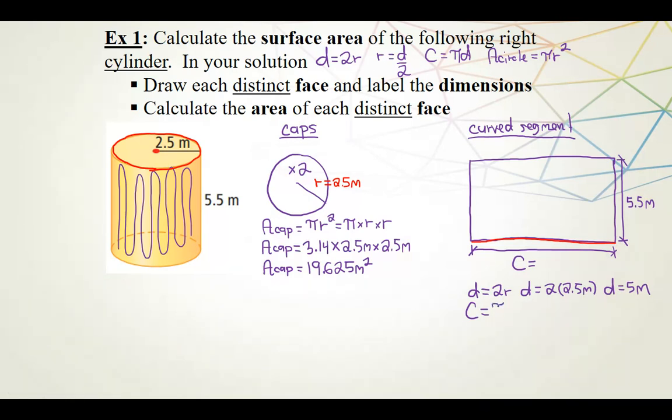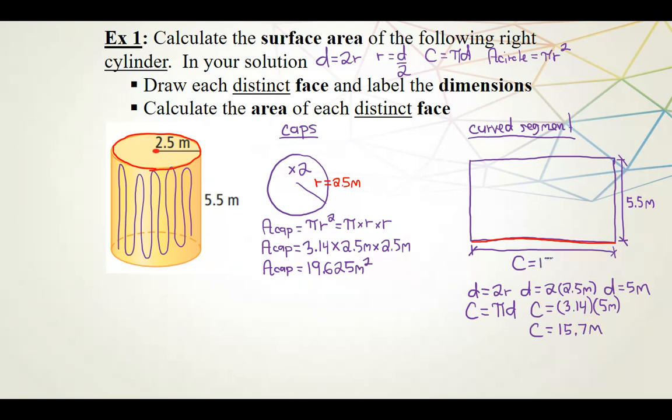The circumference is pi times the diameter. So circumference is pi, which is 3.14, multiplied by the diameter, which is 5 meters. And then I'd have my circumference is 3.14 multiplied by 5, which is 15.7 meters.